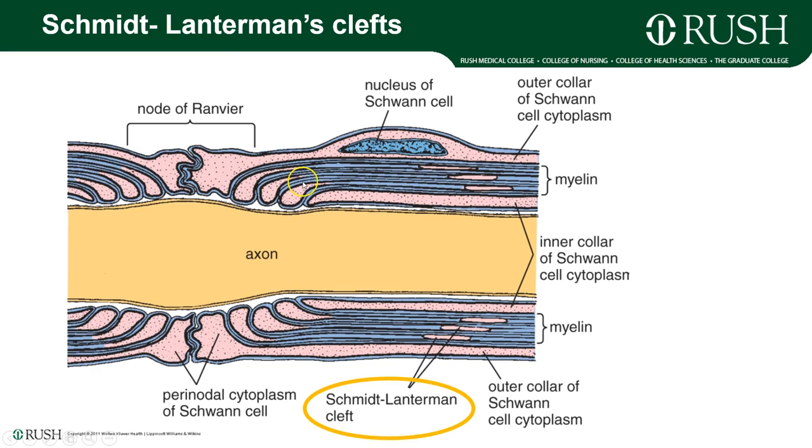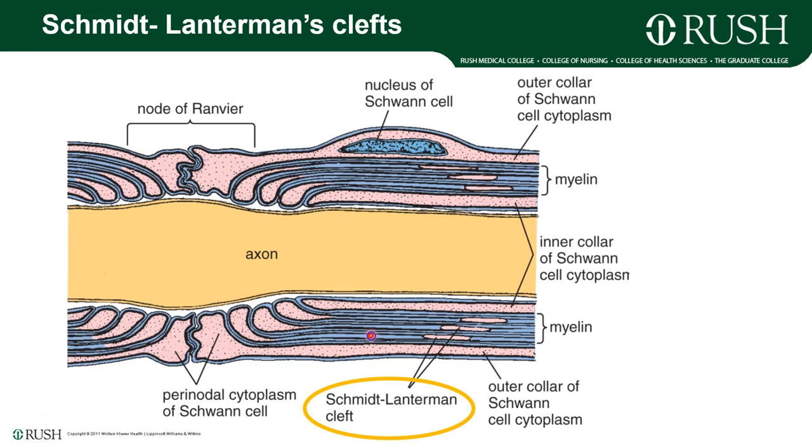Here again is a diagram making it clear how that looks. When you look at these pink portions here, these are the processes of the Schmidt-Lanterman clefts which are connecting one part of the cell to the other part of the cell.